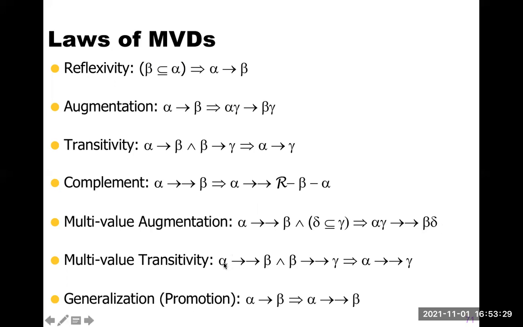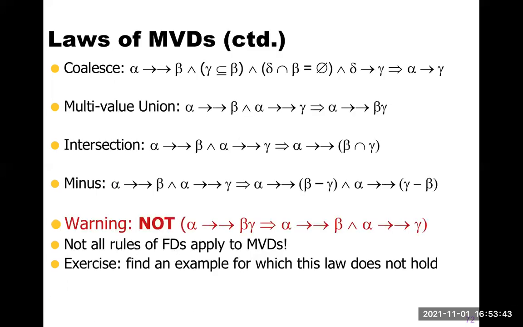Multi-value transitivity. If beta depends on alpha and gamma depends on beta, then gamma depends on alpha. And generalization or promotion. So if beta functionally depends on alpha, then beta multi-value depends on the same thing. That's promotion.